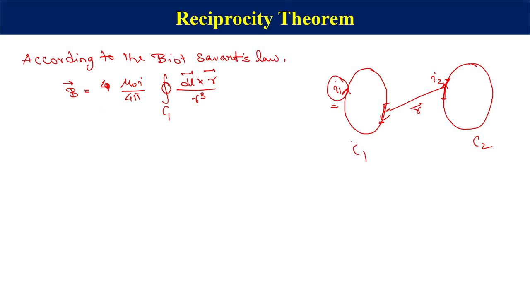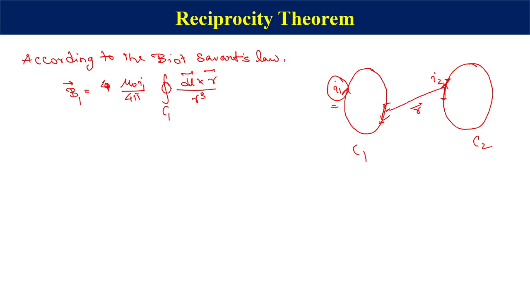But since we are trying to find the magnetic flux linked with circuit 2 because of the change in current in coil 1, I am going to write it as B1, the magnetic field due to the current I1 flowing in circuit C1, and I'm going to put a 1 here.